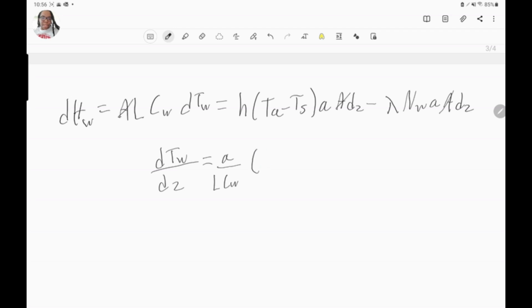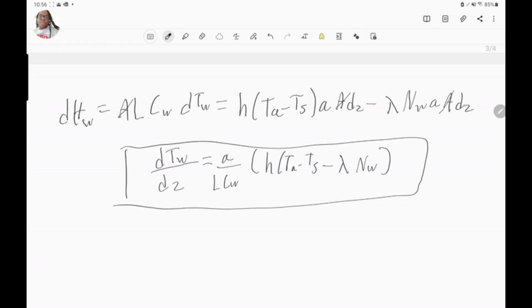And that's going to leave us with our heat transfer times our temperatures, minus our heat of vaporization times our molar flux. And so there goes our equation for our change of temperature in terms of height.